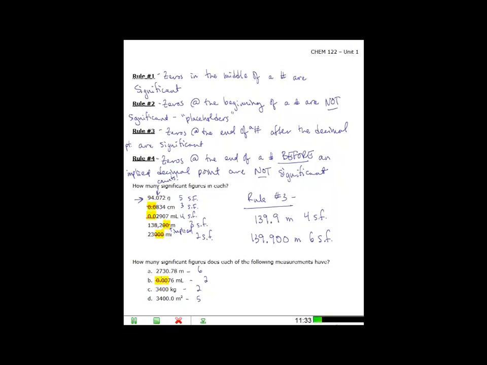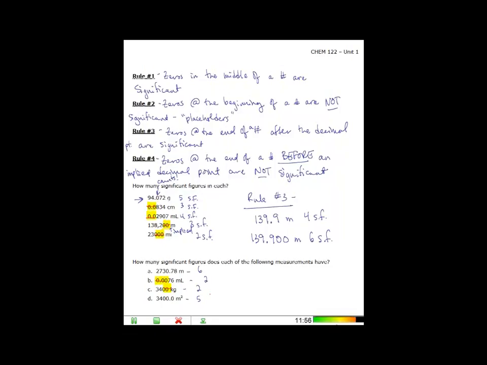In C, the decimal point is implied, so there are only 2. And in D, there's a decimal point and then a 0 after the decimal point. So all of those zeros are significant, so the answer is 5 significant figures.